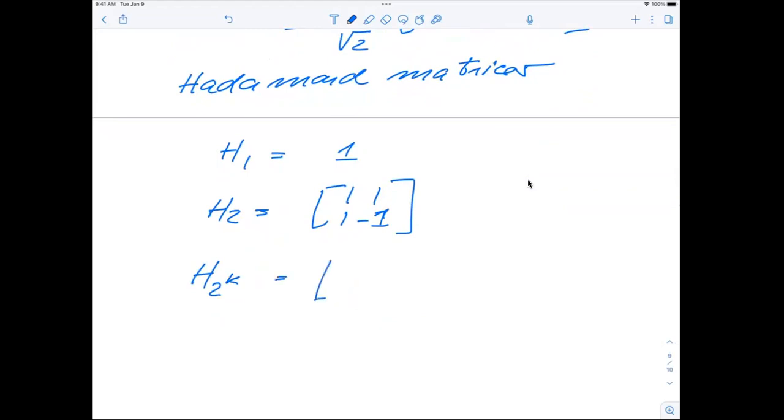And this is going to be given by H of 2 to the power of k minus 1 along the diagonal, and then H of 2 to the power of k minus 1, and minus H of 2 to the power of k minus 1. And you see that when k is equal to 1, this is exactly what we have. So you can actually build these matrices to become larger and larger.